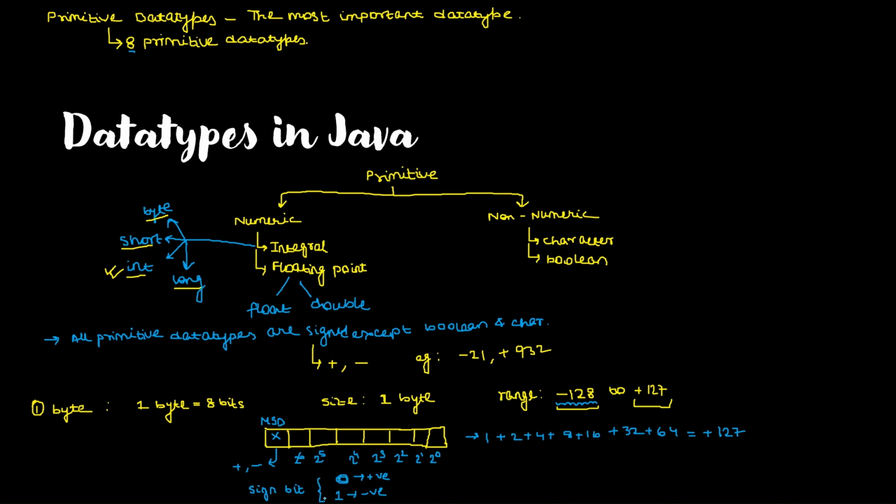You should note this. Now, in case of a negative value, the computer takes the negative as 2's complement.